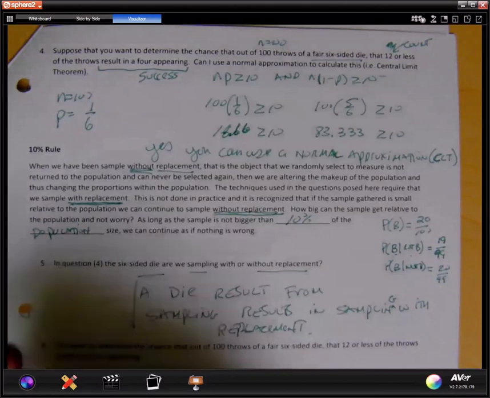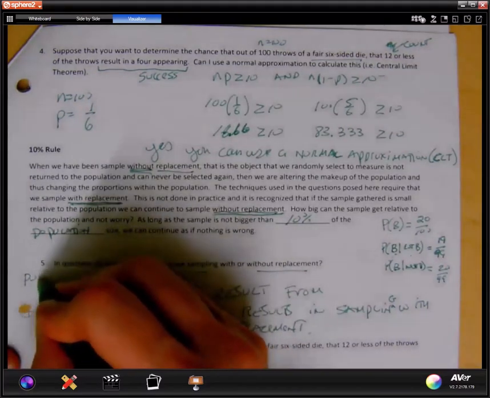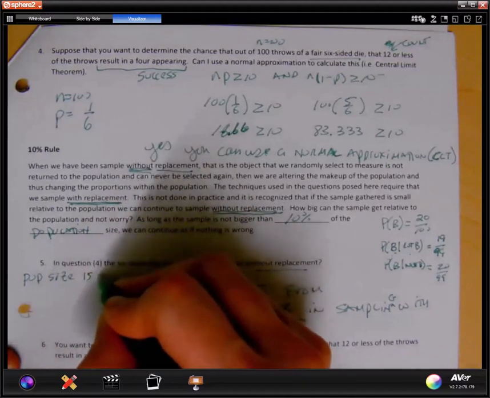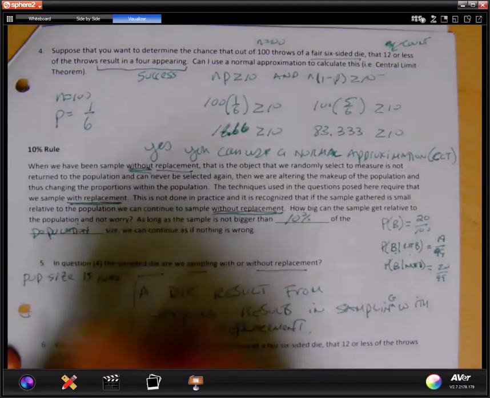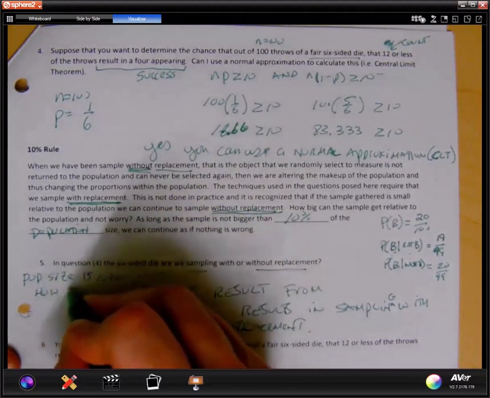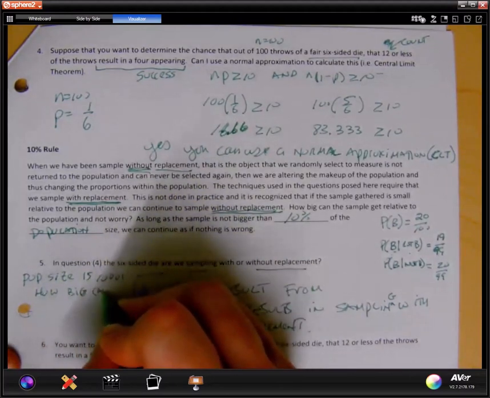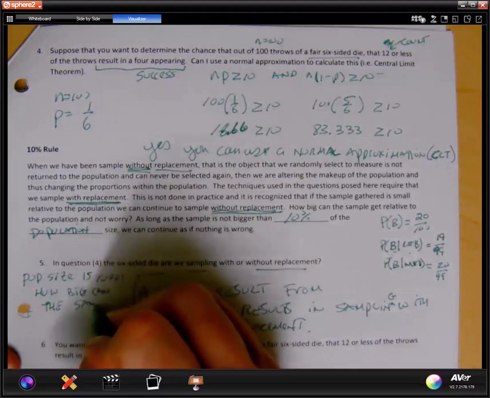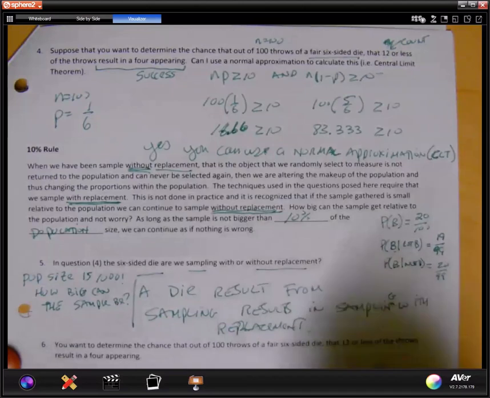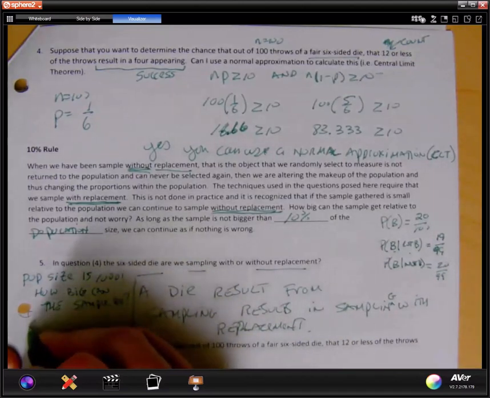A quick example, what if my population size is 1,000? How big can the sample be to say that I'm sampling with replacement? And the answer is take the 10% rule.